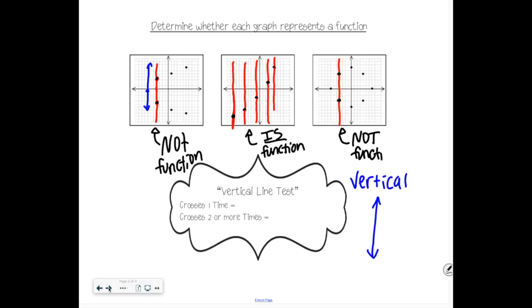All right. So let's recap. At the bottom, the vertical line test. If we draw a vertical line and our graph hits it 1 time, like there's 1 dot, then it is a function.